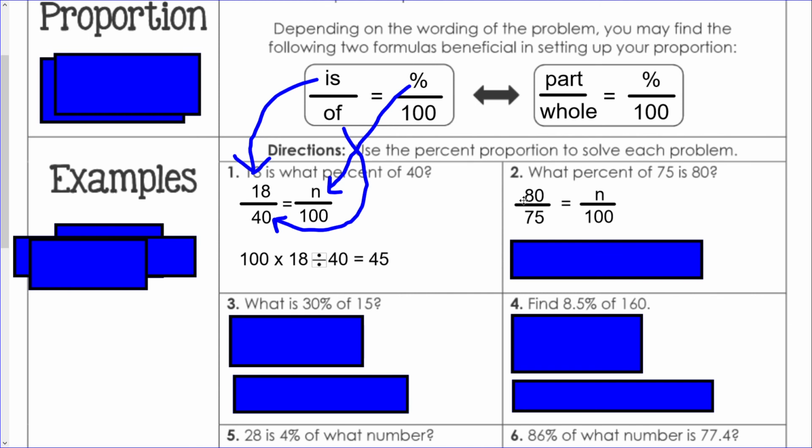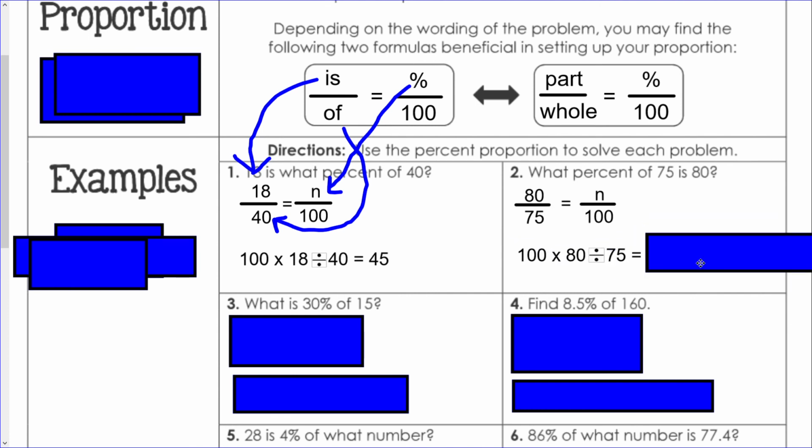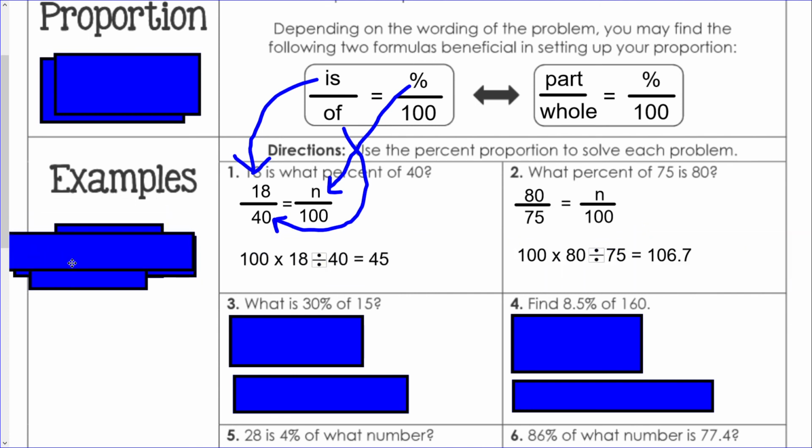Your is number goes on the top, and your percent is n because we still need to know what percent that is. Okay, and then cross multiply like always, so 80 times 100 divided by 75. And I trust you can all use a calculator to figure that one out as well. So 100 times 80 divided by 75 equals 106.7.